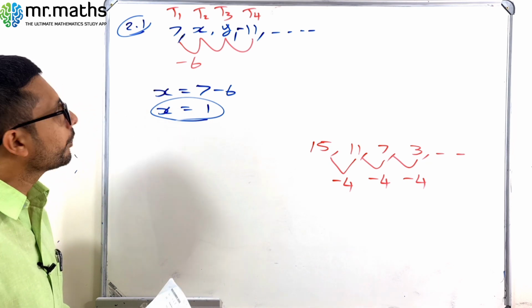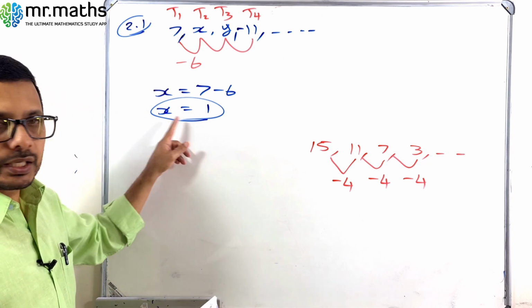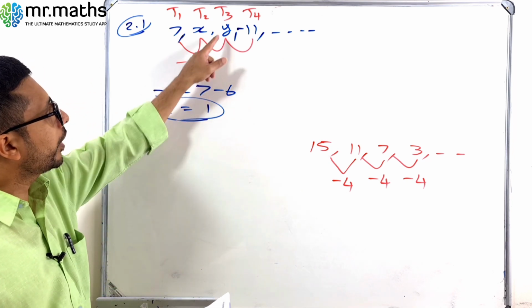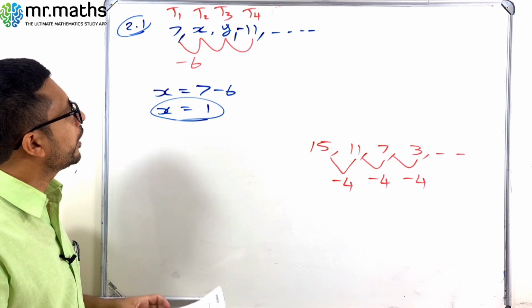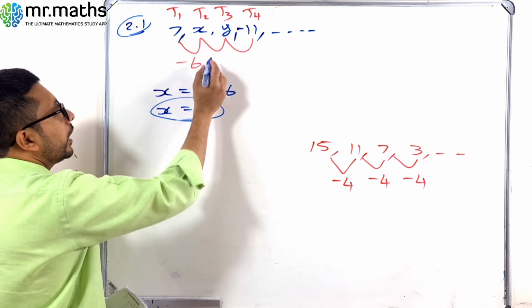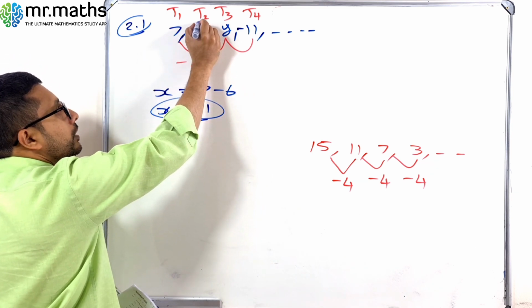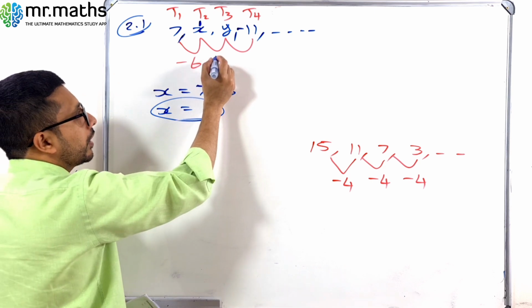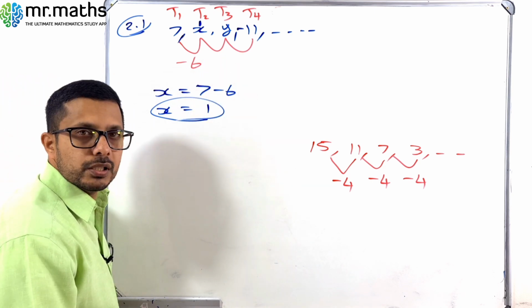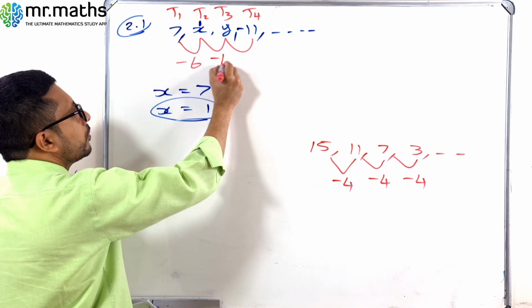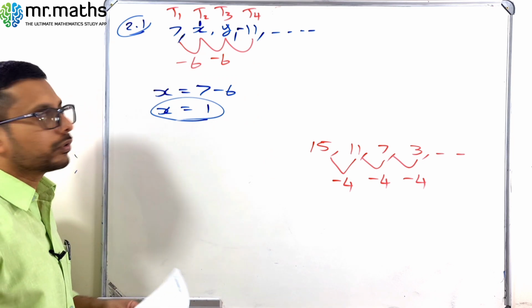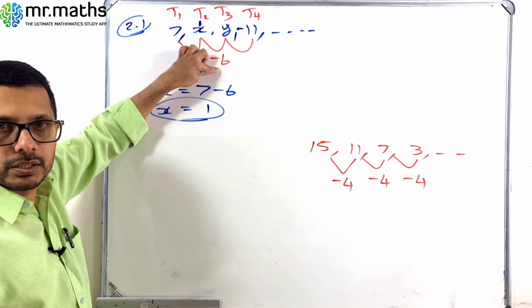Am I right? Okay. Now, x means second term. Now we have to find the value of y. So how can I find it? Now we know that the x value is 1. Am I right? And what is the common difference? Common difference is always the same. So how can I find the value of y now? 1 minus 6.